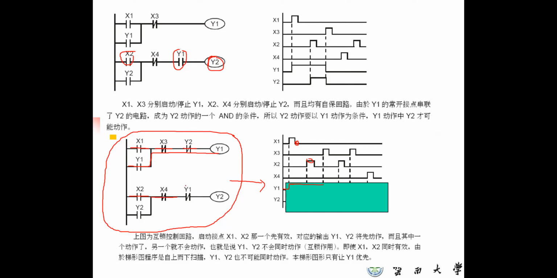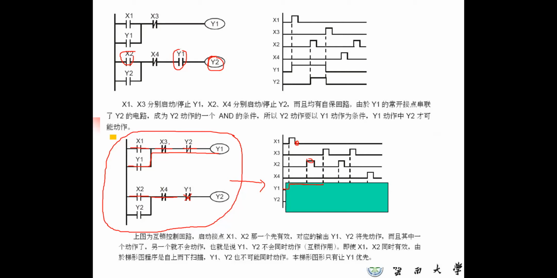But y1 is equal to 1, so it's not conduction. It's not conduction. So y2 is 0. Y2 is 0.